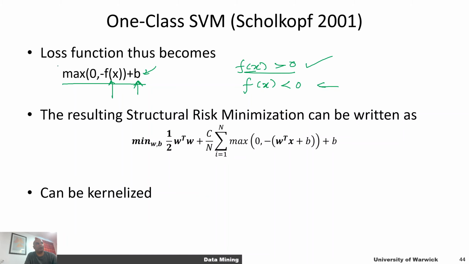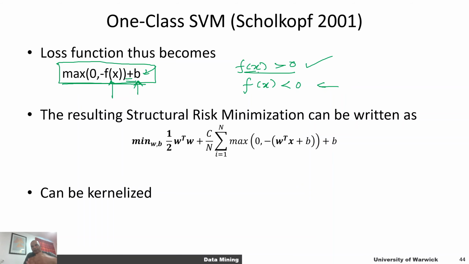So what this function does is that it measures the loss for a given training example. And it's going to produce a positive value only if b is positive, that is, the line falls below the origin or the origin falls above the line, or, so this is the or bit because we have a plus here, or for a given training example, f of x is negative.